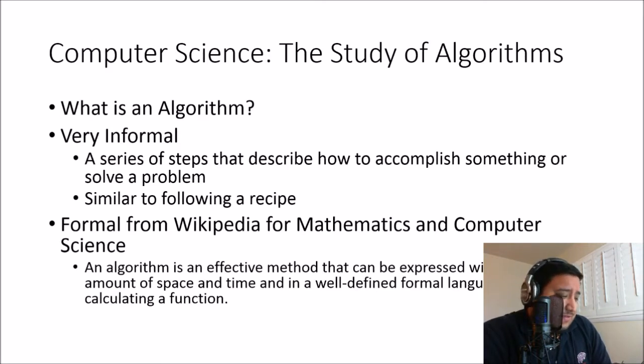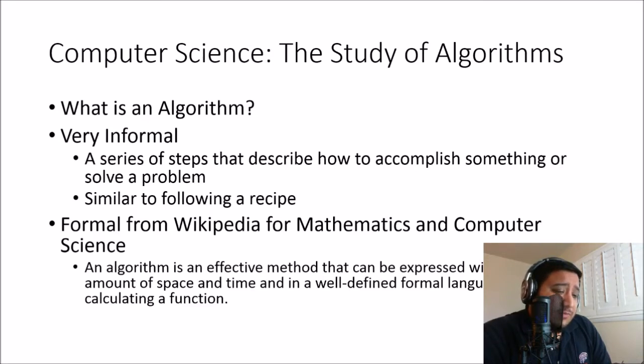Now, what this means is that a program, which is something that's written in a well-defined formal language to calculate a function, is an implementation, an instance of an algorithm.